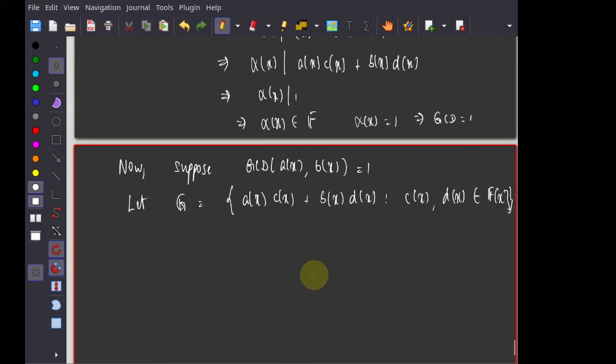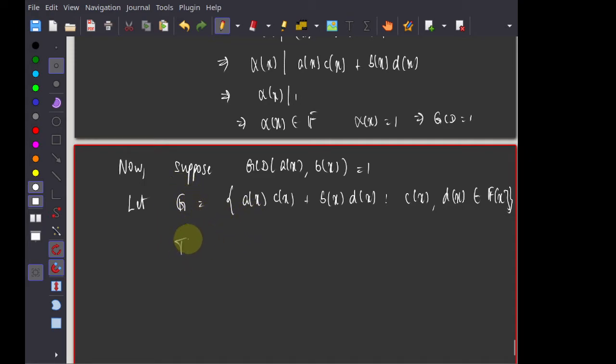Okay. I want to know what kind of a structure this forms. Right? So this set has some nice properties. So firstly, if I multiply this with any polynomial, I still lie within G.